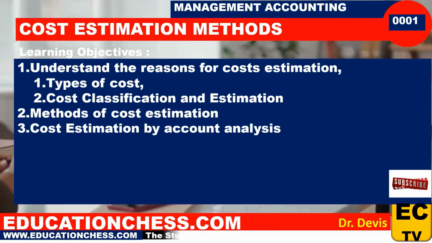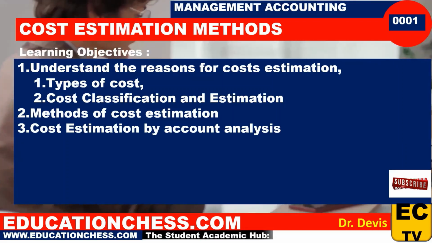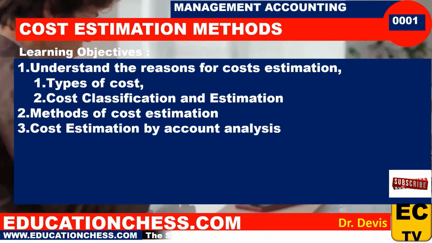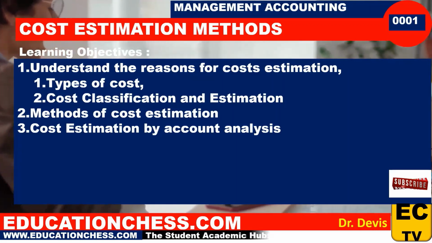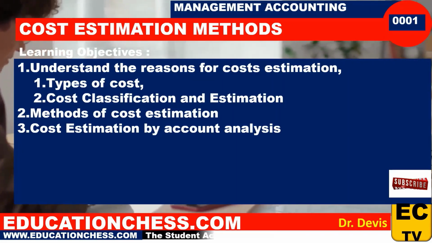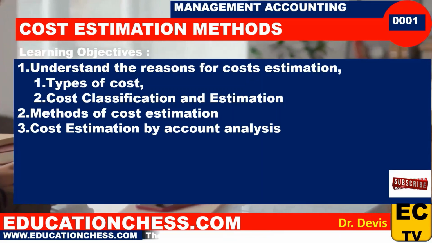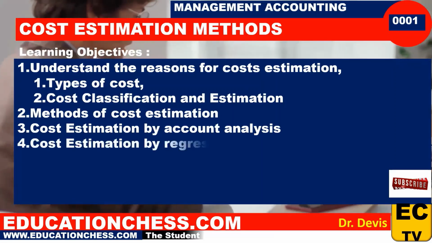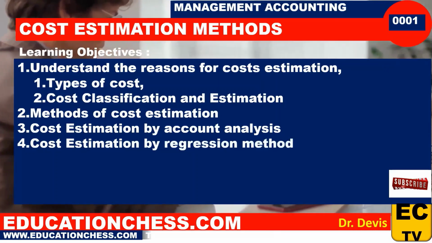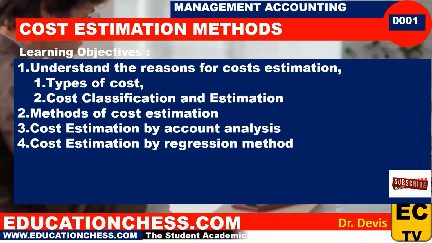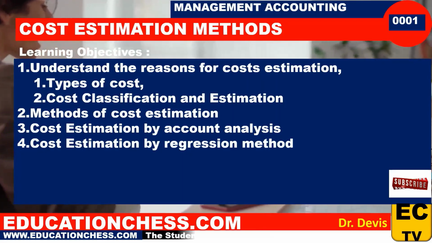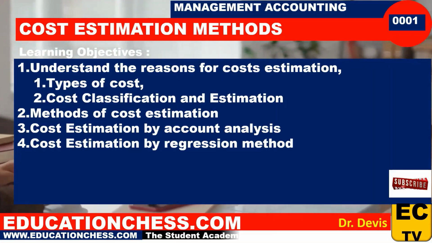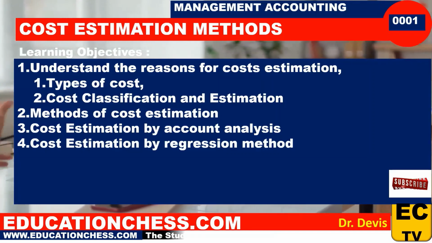We classify all those costs into either variable or fixed costs, because we need to derive a certain formula, that's a linear equation formula, and then from there we estimate cost for each component, either fixed cost or average variable cost.